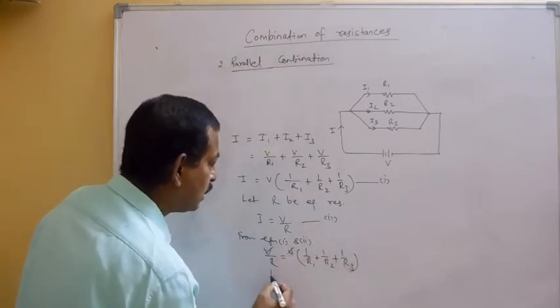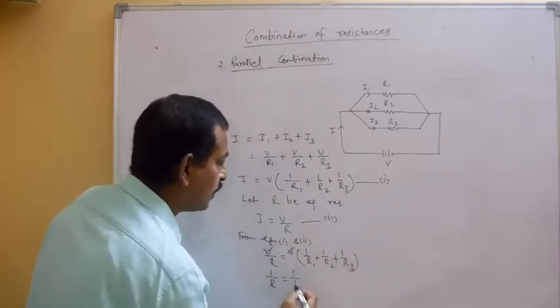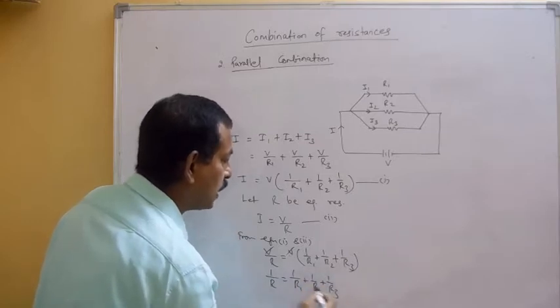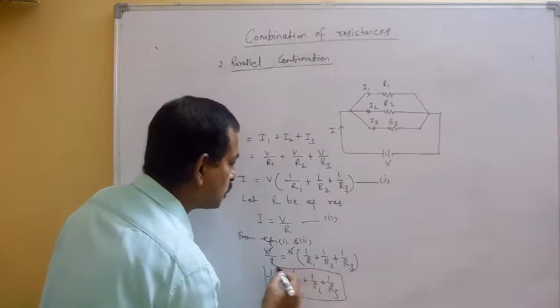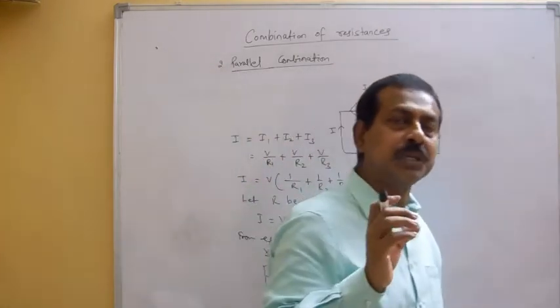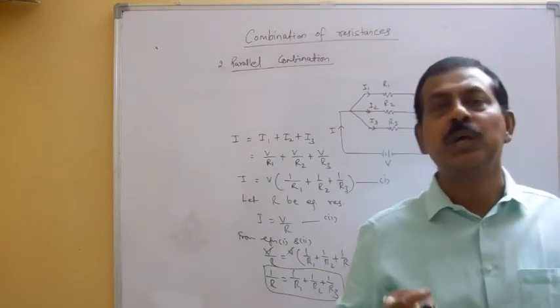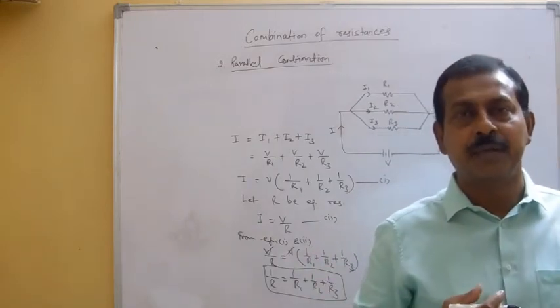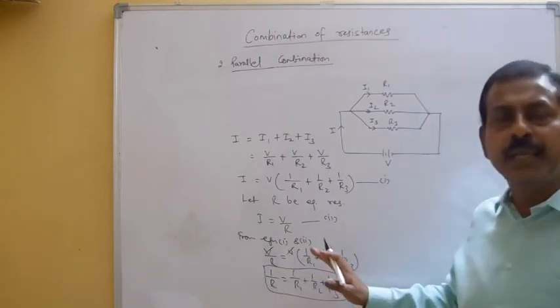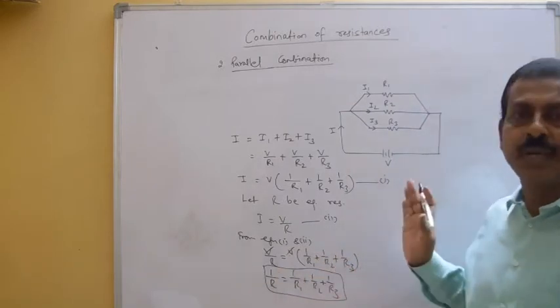If you cancel V, it is 1 by R equals 1 by R1 plus 1 by R2 plus 1 by R3. This is the expression for equivalent resistance of the given network of resistances which are connected in parallel. This can be extended up to any number of resistances joined in parallel.